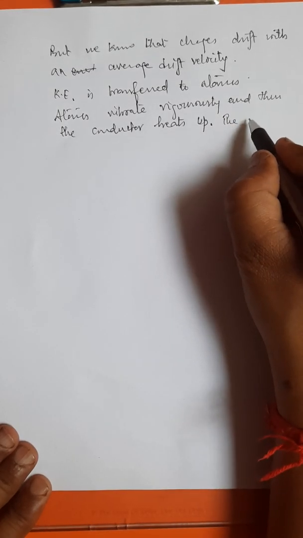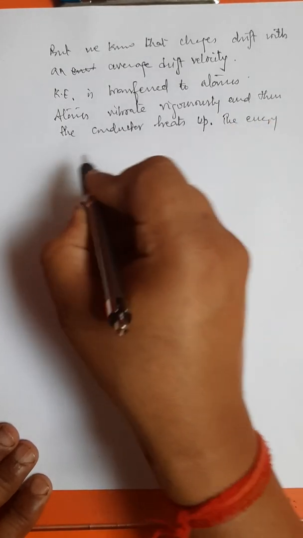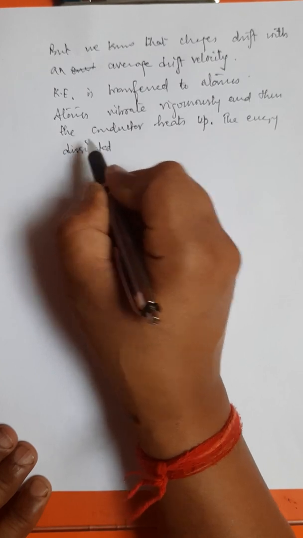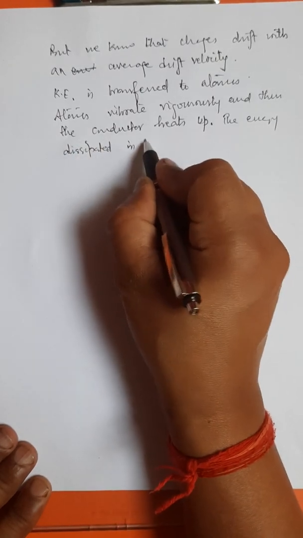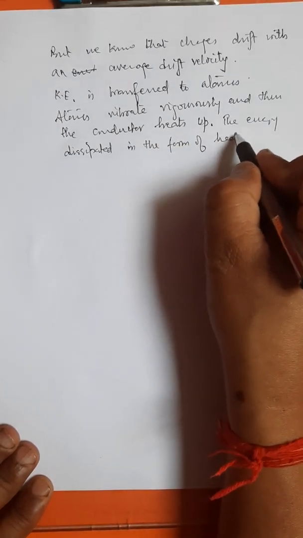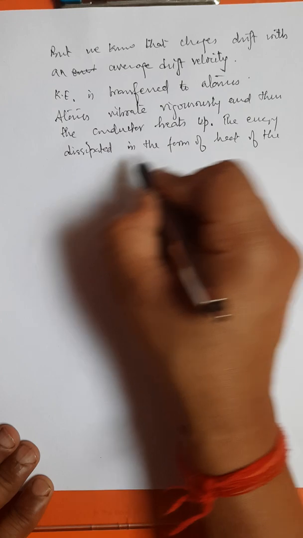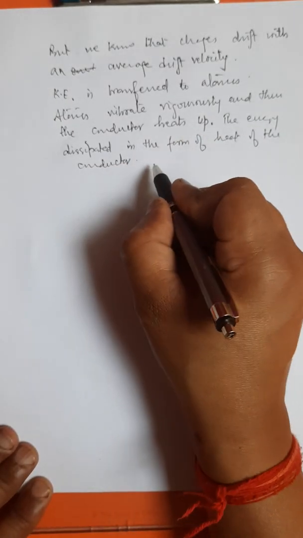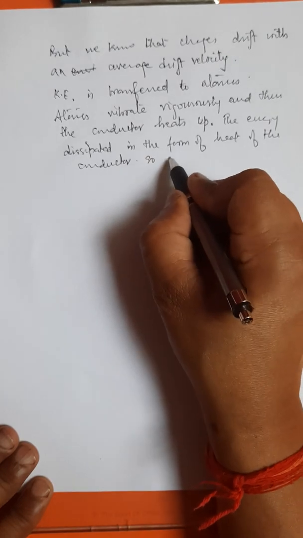That is the energy dissipated in the form of heat of the conductor.